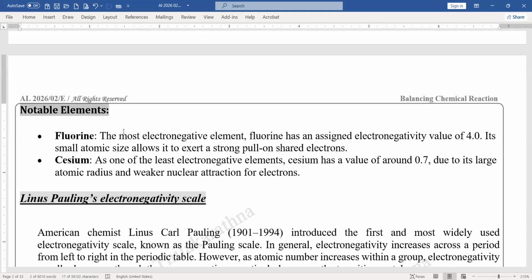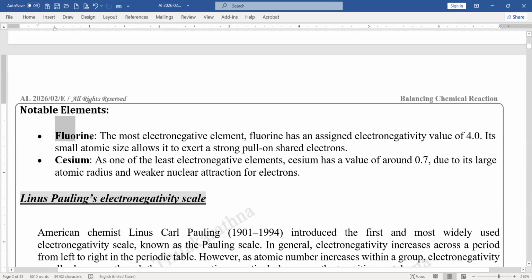In the case of noble elements, we say that the electronegativity is zero. Actually, we don't say that it is zero. It is very small, non-zero, nearly zero. Sometimes we say zero, but in many books they say it is non-zero, but very small.